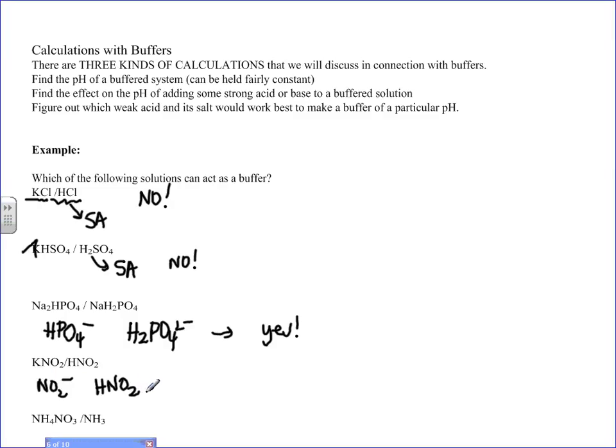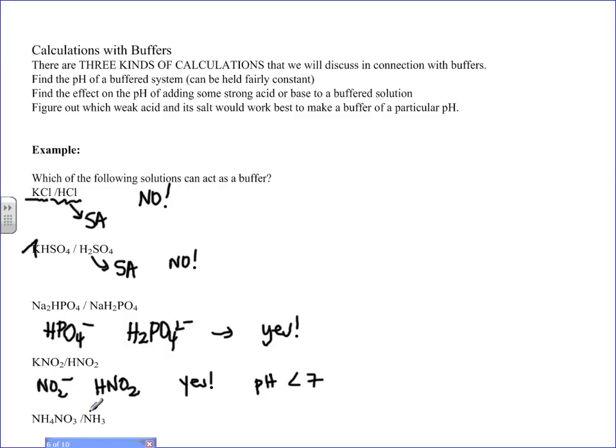We've got a weak acid and we've got a conjugate salt. So this can be used to prepare a buffer. And what you're going to see in the calculations is that it is the acid here that will dominate our calculations. And so the pH of this particular buffer is going to be less than 7.